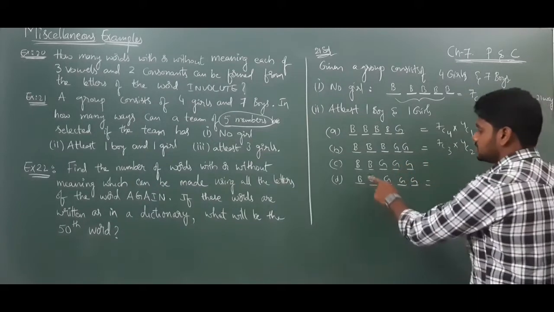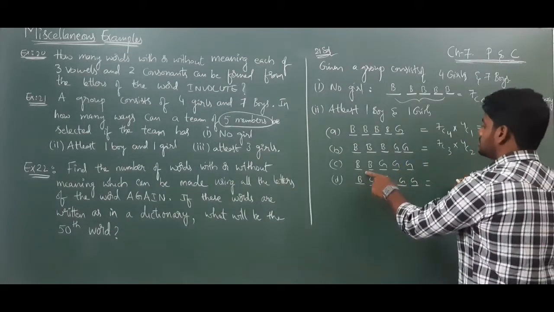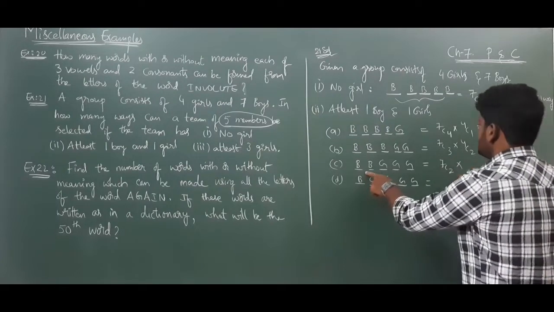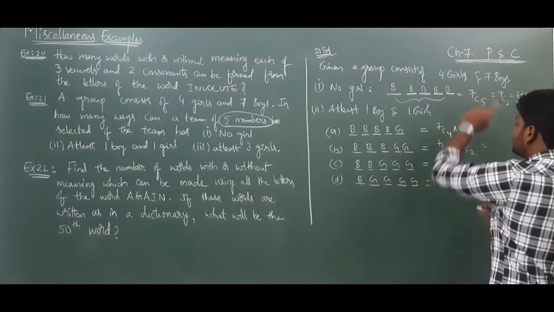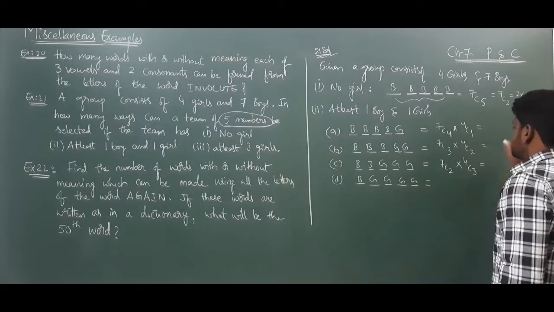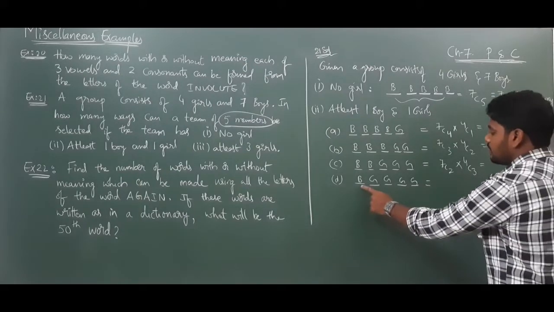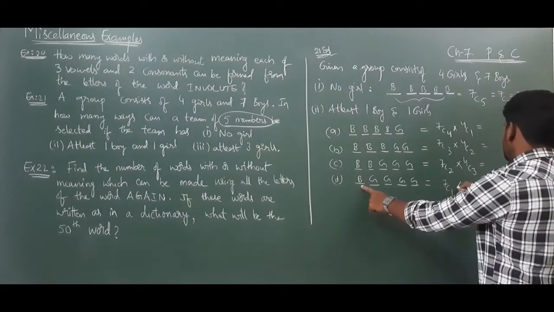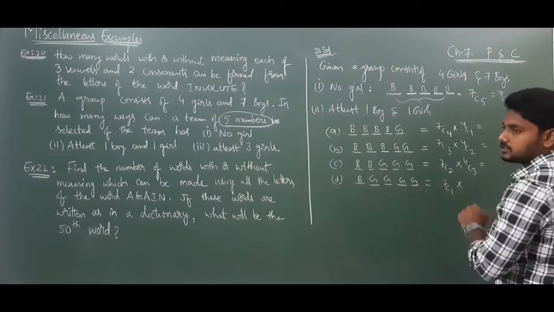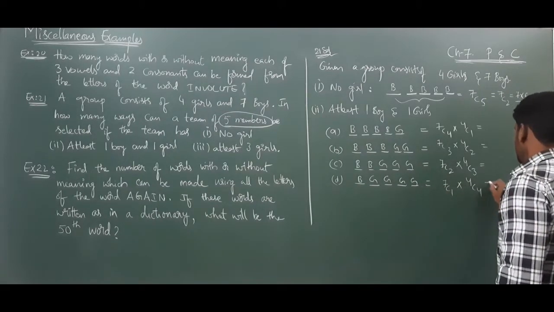Simplify this. Next, 2 boys, 3 girls, so 7C2 into 3 girls out of 4 girls, 4C3. Simplify this. Next, 1 boy, so 7C1 into 4 girls, so it is 4C4.